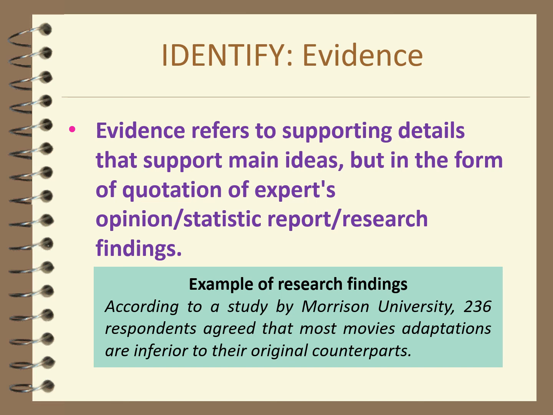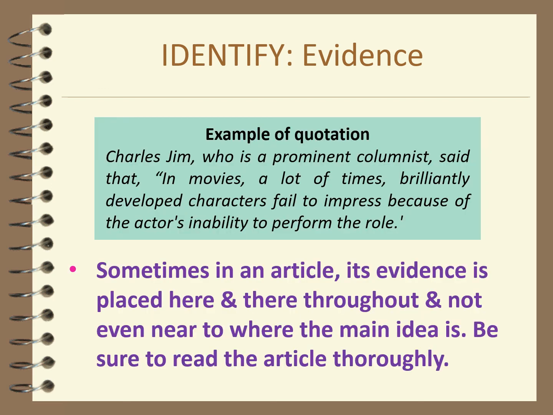Example of research findings, this is a type of evidence. According to a study by Morrison University, 236 respondents agreed that most movie adaptations are inferior to their original counterparts. So that is an example of research. Now, there is also another type of evidence, quotation.